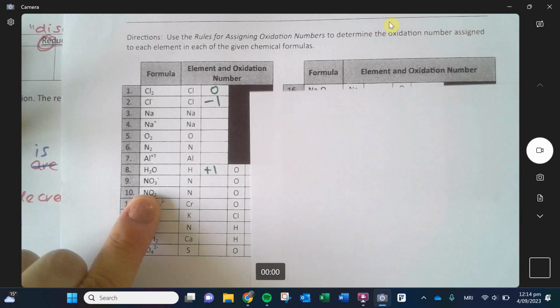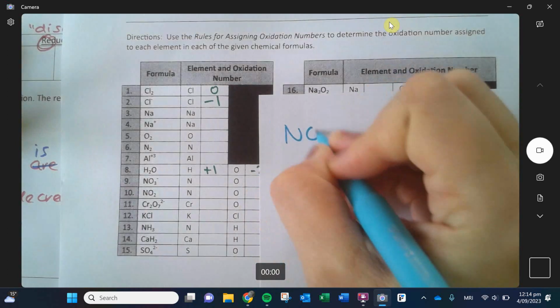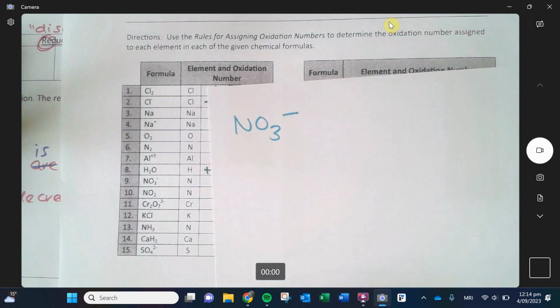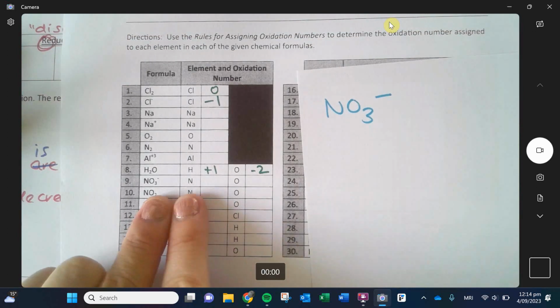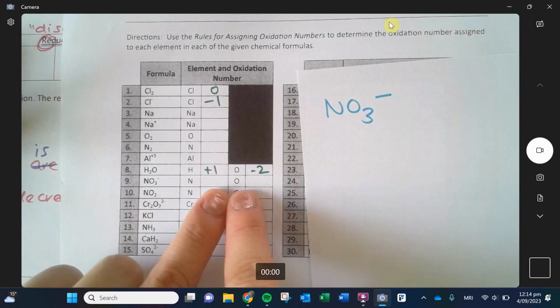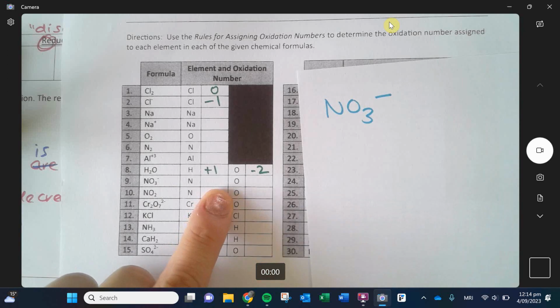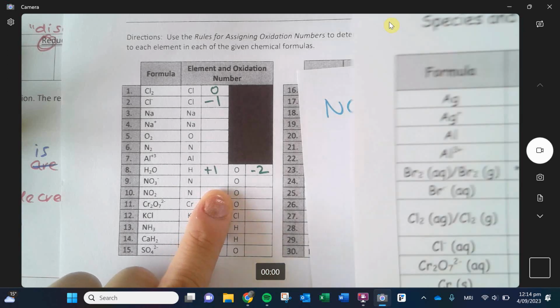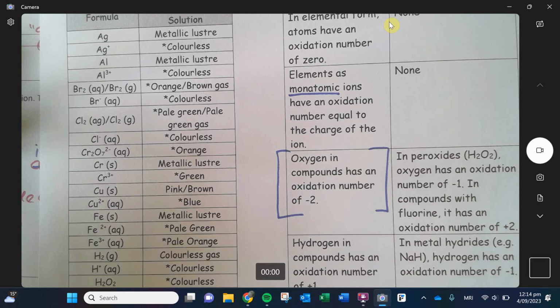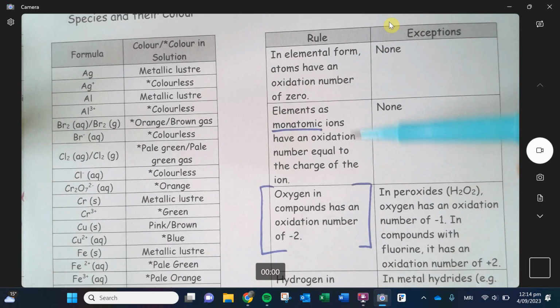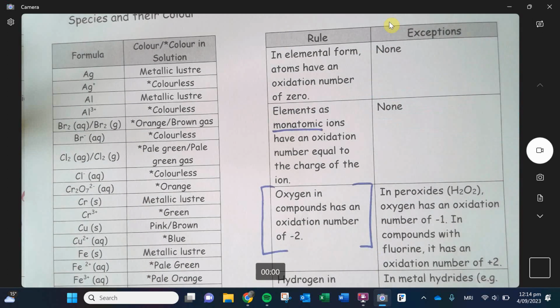All right, so this number 9 is, I want to say nitrate, so NO3 minus. And they want you to find the oxidation number of the nitrogen and the oxygen. Now, when we look at our oxidation rules, the first thing that I notice is that there's some general rules about monoatomic and elemental form.